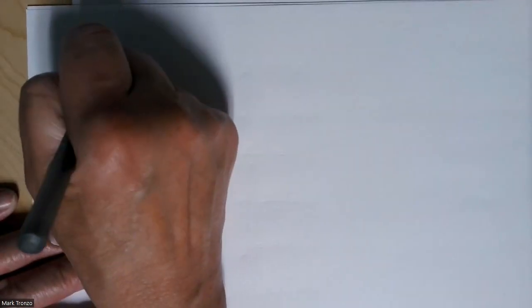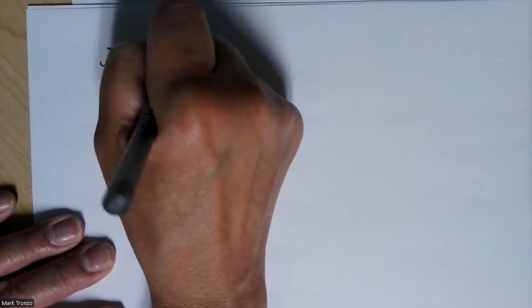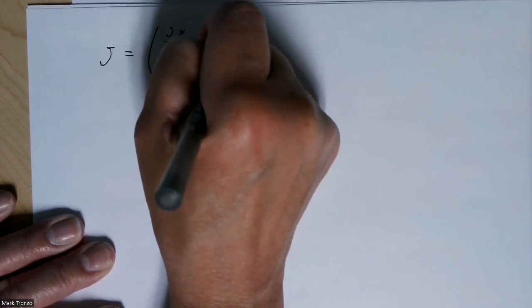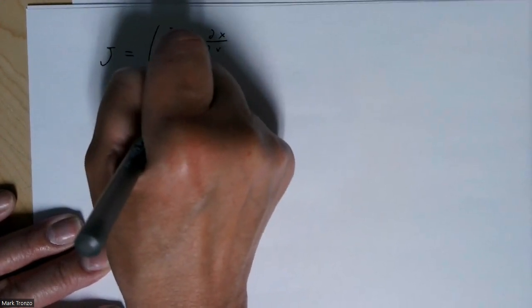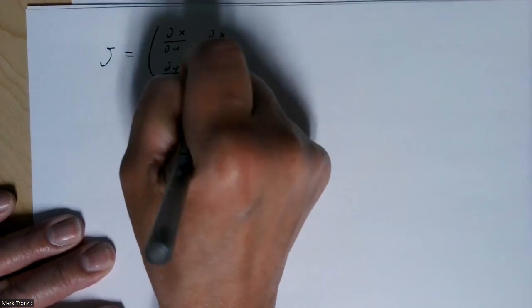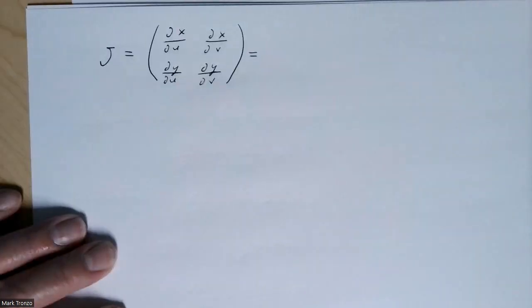Then we want to take the determinant of the Jacobian. So again, remember that's dx du, dx dv, dy du, dy dv, like this.